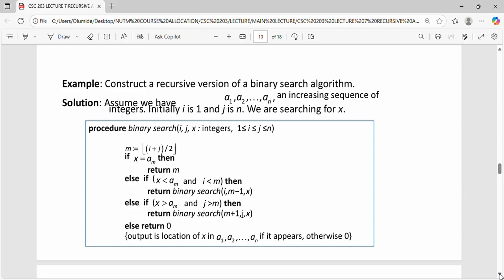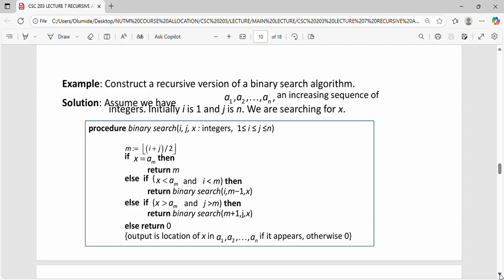Now, the procedure involves that we search (i, j, x). Don't forget that we said i is 1, j is n. And we can see the range: 1 is less or equal to i, which is less or equal to j, which is less or equal to n. That is, it goes from 1 to n, passing through i and j.